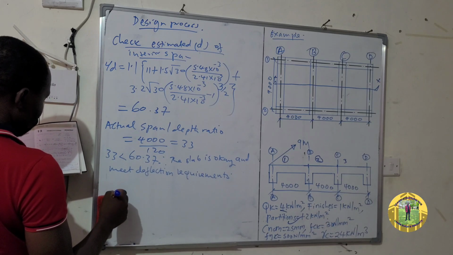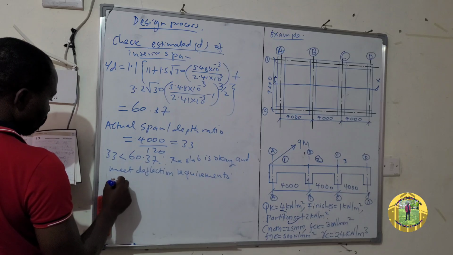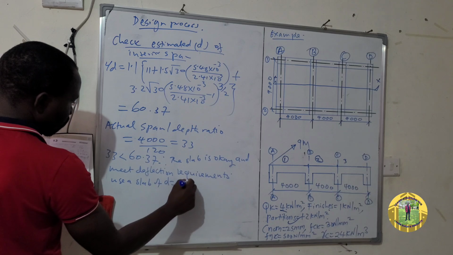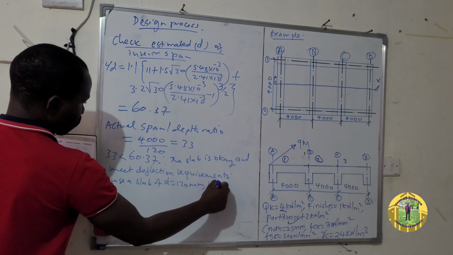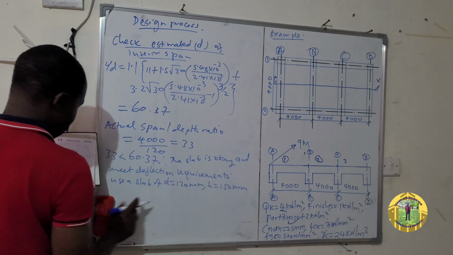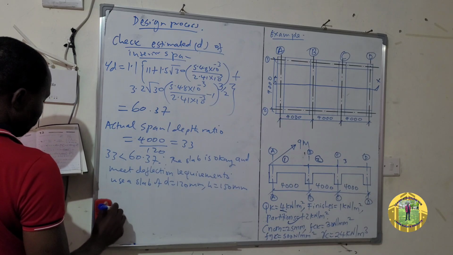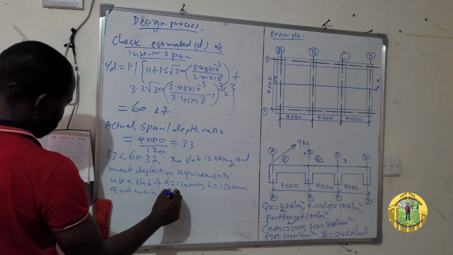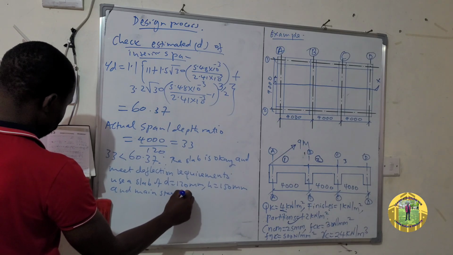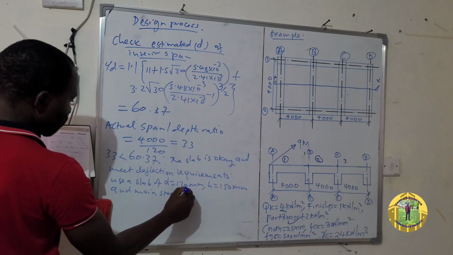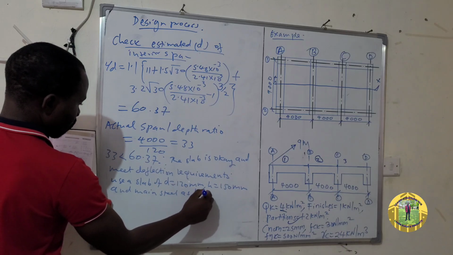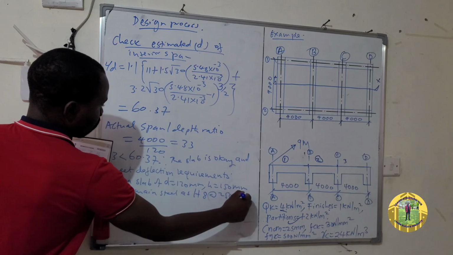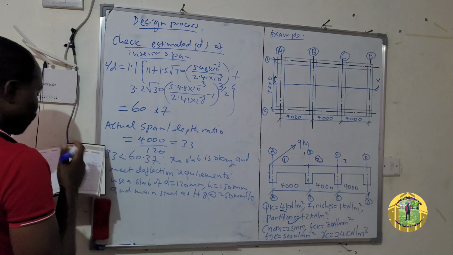Therefore, use a slab of d equal to 120 millimeters, h equal to 150 millimeters, and main steel as H8 at 250 millimeter center to center.